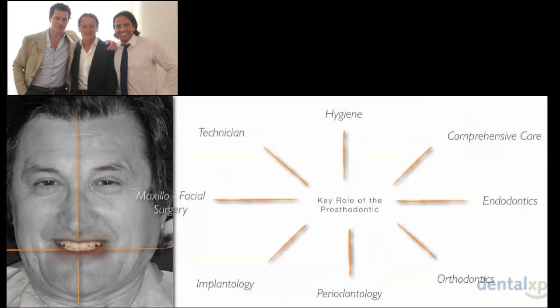And as I was saying before, patient in the middle of our treatment plan. In this case, we are prosthodontists, so we have a key role to manage all the disciplines of dentistry, starting from the hygiene, passing through comprehensive care, endodontics if there is need, orthodontics, perio and implant surgery if there is need, maxillofacial surgery, and also the cooperation with the technician that starts from the very beginning of this project.